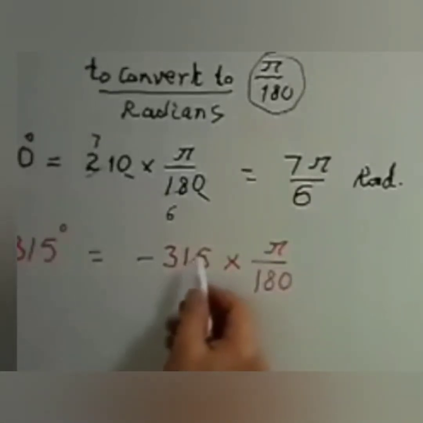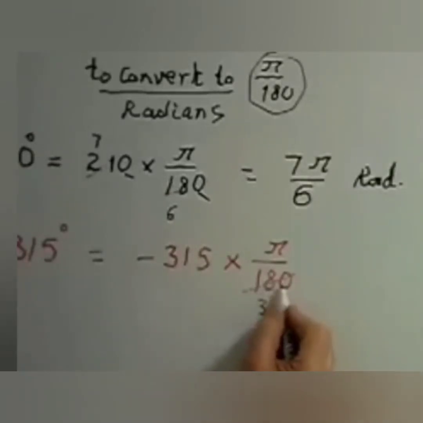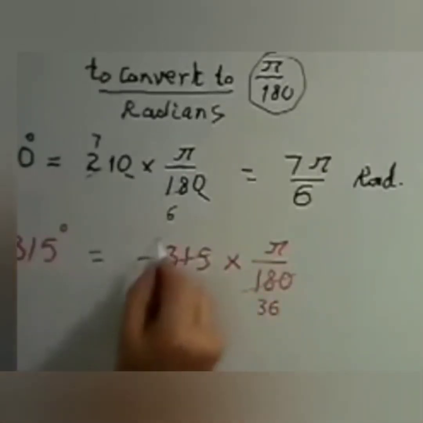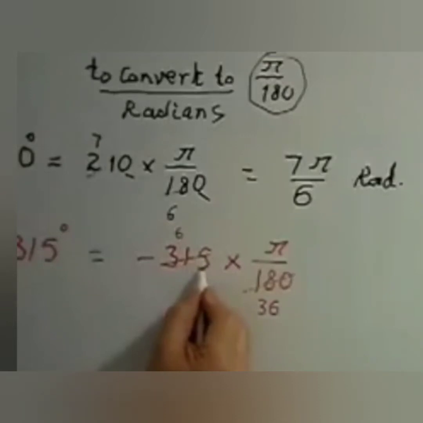But anyway, you can just start with 5s. Dividing by 5 here, 180 divided by 5 gives 36, and 315 divided by 5 gives 63.